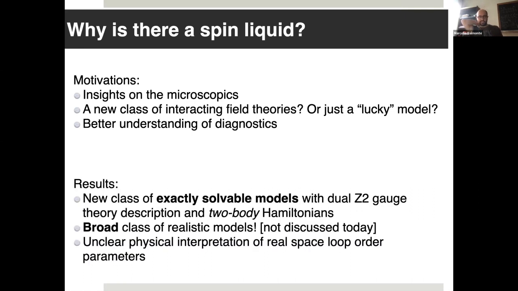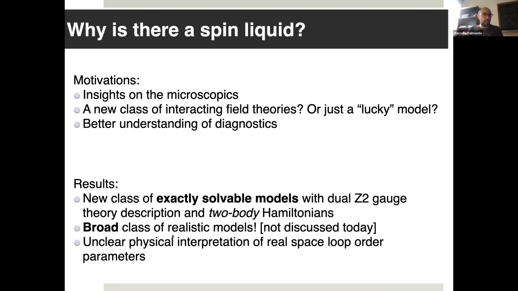And the result that I will summarize in the following is that actually there is a new class of exactly soluble models that does have a description, which we call, in typical condensed matter language, a dual description, which is exactly the same as the one of the toric code. And what is remarkable is that instead of having four-body interactions, all these models are just made of two-body interactions, which are, in some sense, much more natural to be realized.